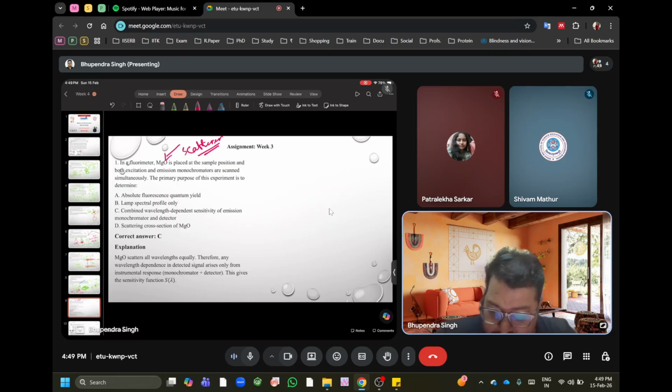Anyway, here MgO is also placed at the same position. Both excitation and emission monochromators are scanned simultaneously. The primary reason for this experiment is to determine the combined wavelength dependent sensitivity of monochromator and detector, because I have already discussed in this class and previous class that the monochromator and detector are not ideal.